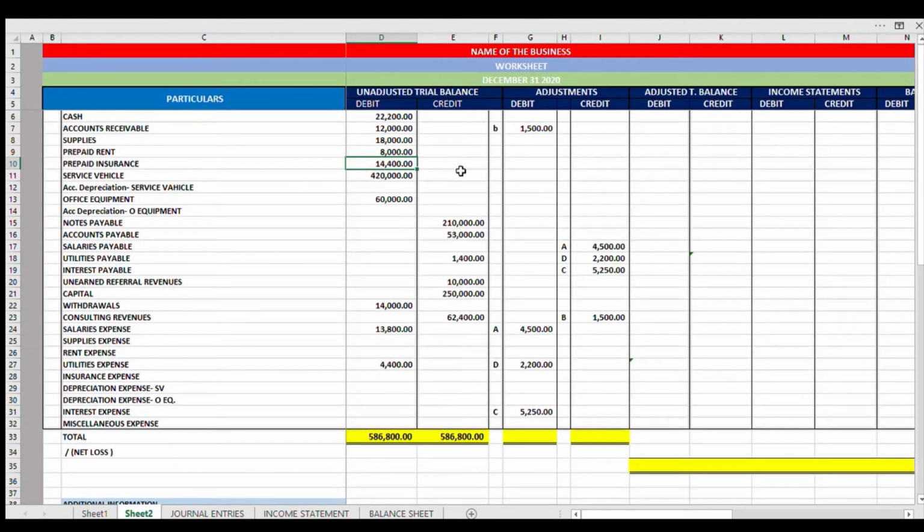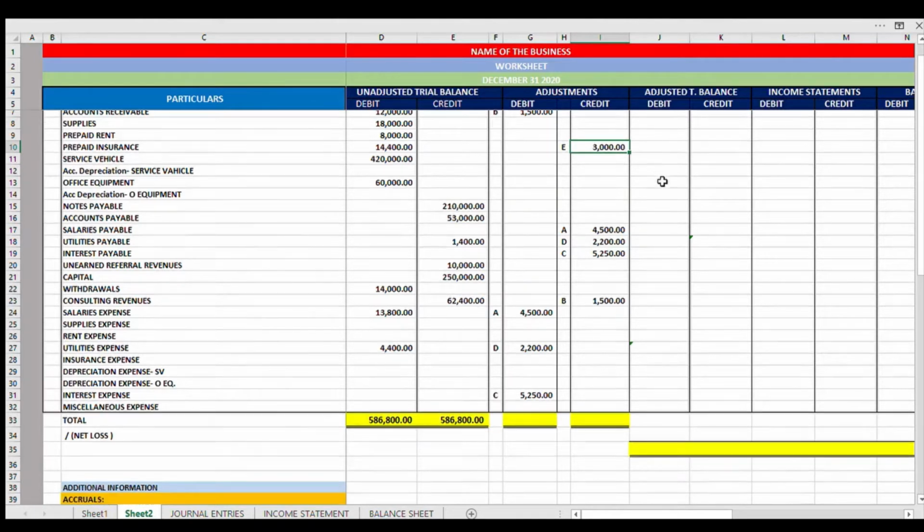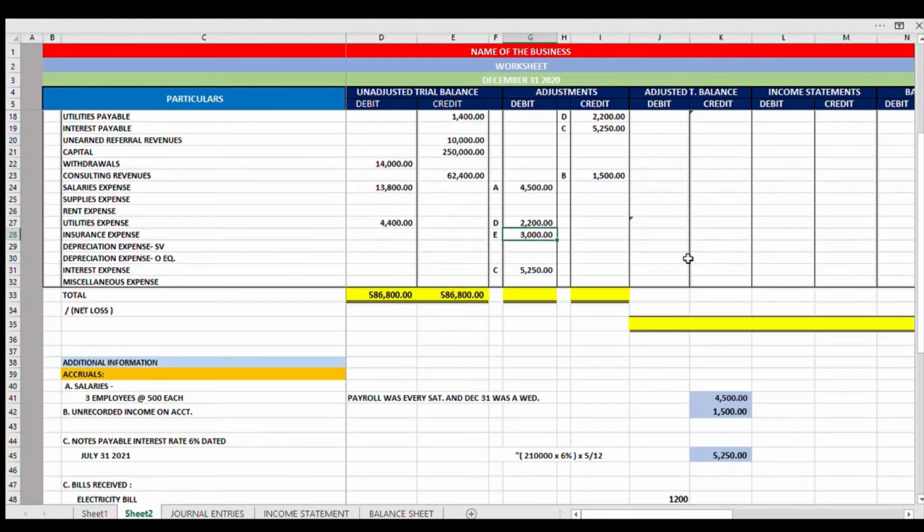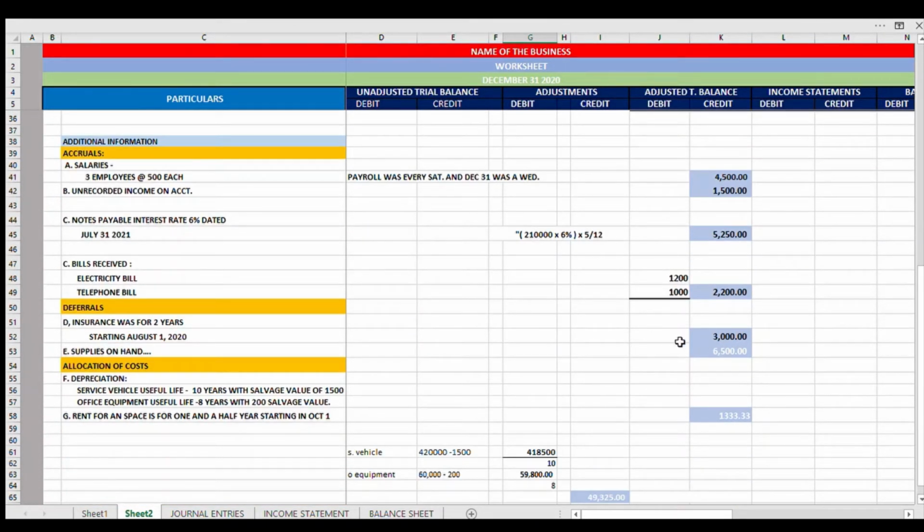Again, it is 14,400 divided by 24 times 5 months. The answer is 3,000. Okay? So, let's enter 3,000 and insurance expense is 3,000. Okay?